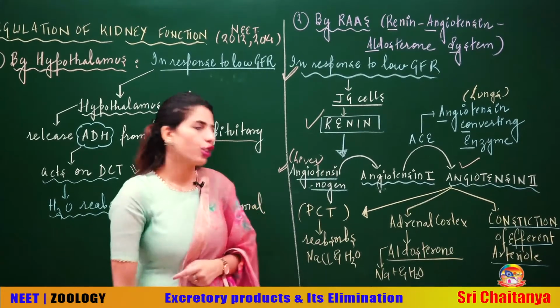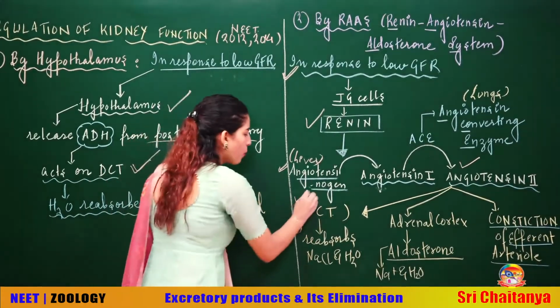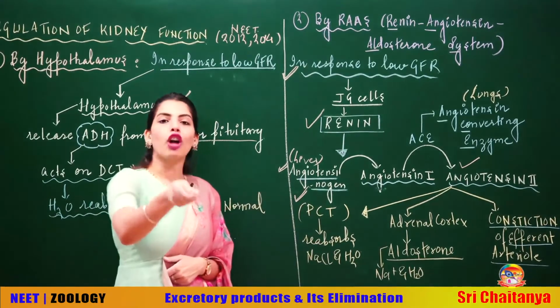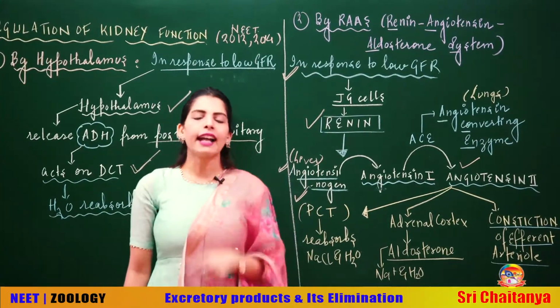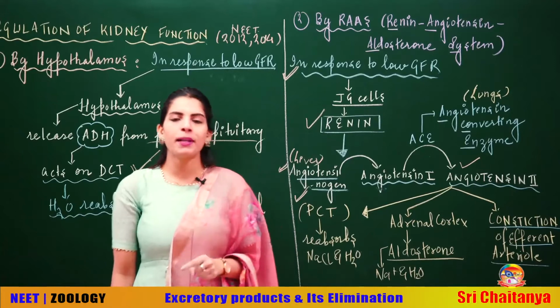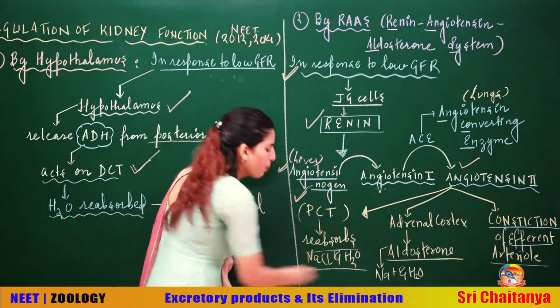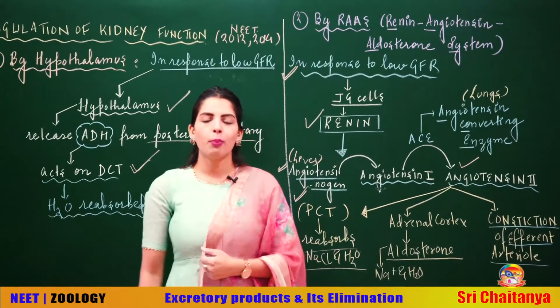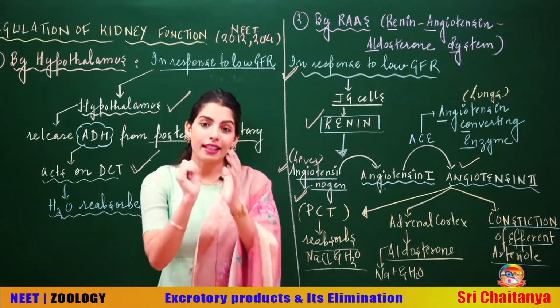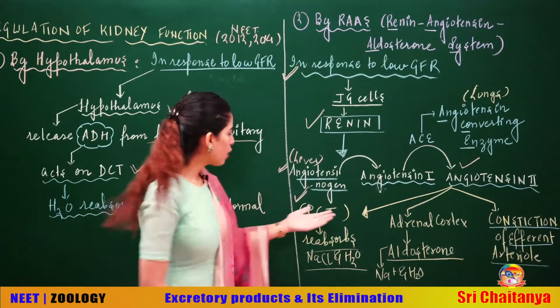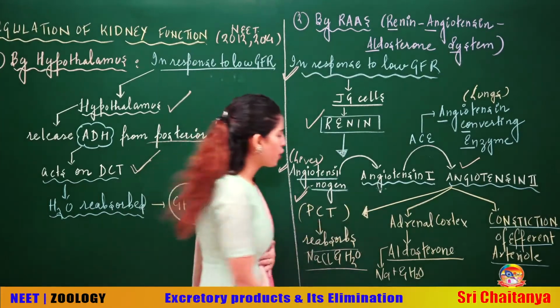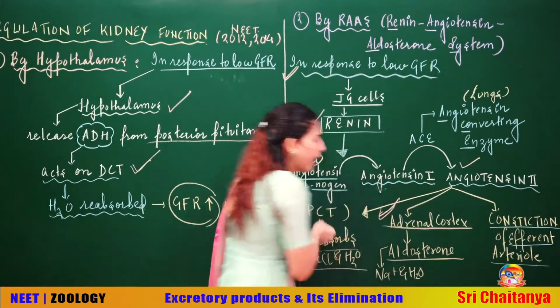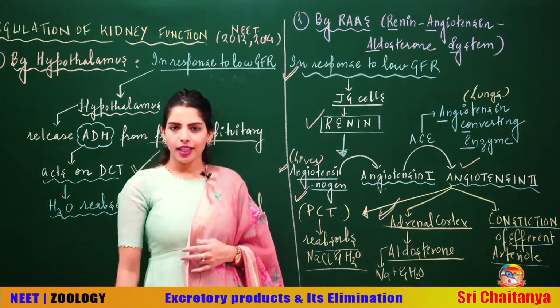Now look at the function of this angiotensin 2. Number one, it can directly act upon the PCT, the proximal convoluted tubule, and it can guide the PCT to reabsorb more NaCl and more water. And when more water is reabsorbed, the GFR will be increased. That was our purpose. Talking about the second function, which is quite important, it can direct the adrenal cortex.